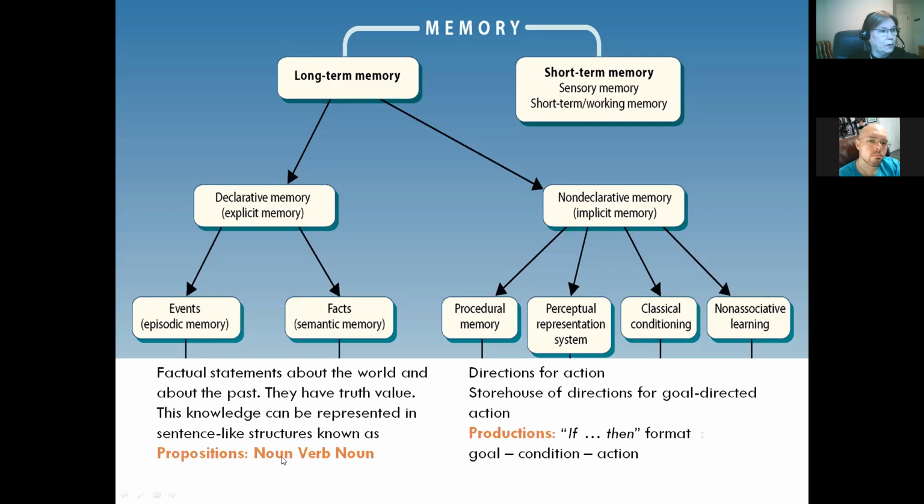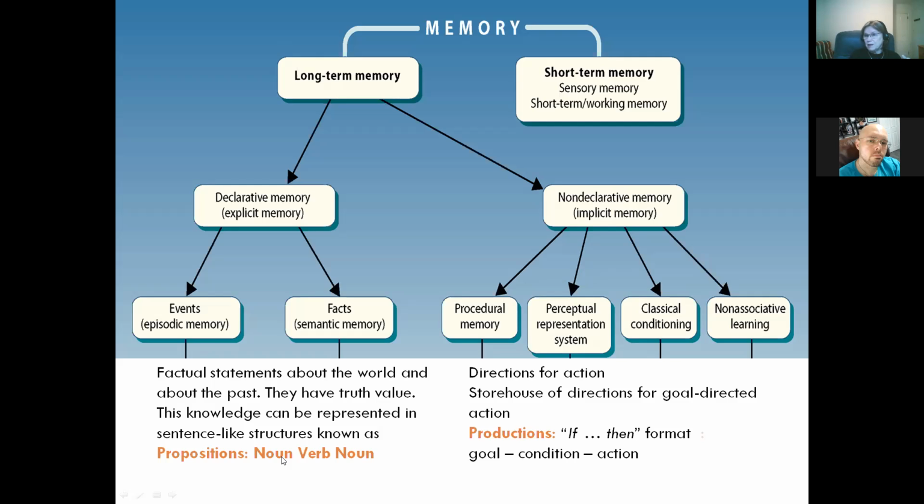Or that something red and octagonal in shape is a stop sign. Or that Chevys are cars or automobiles. Or we can create a completely crazy sentence: a hippie touched a debutante. Now, hippie is a strange looking person from the 1980s, and a debutante is a young woman who's entering society. So all of that would be declarative or explicit knowledge.